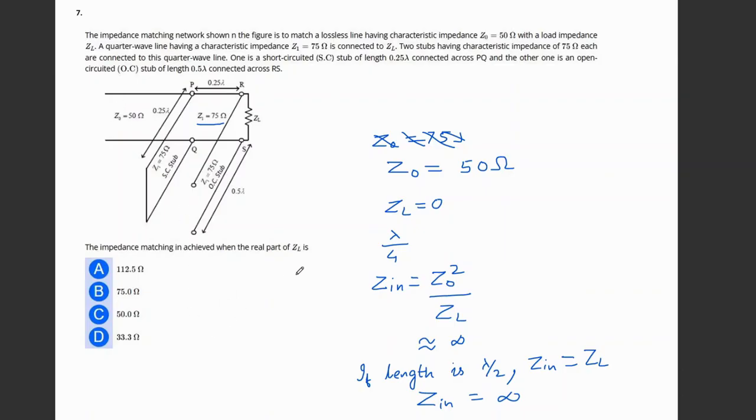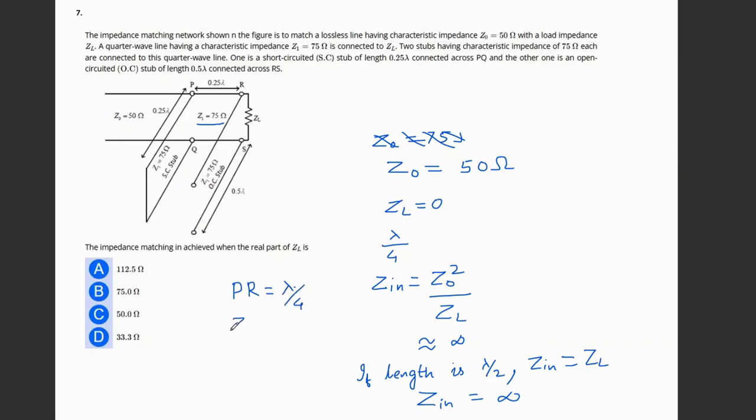So the load should be transformed to 50. Since the characteristic impedance is 50, we need the load also to be 50 at PQ. So we have the length PR as 0.25 lambda or lambda by 4.